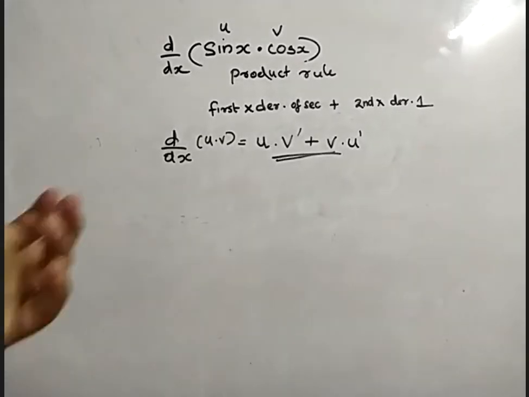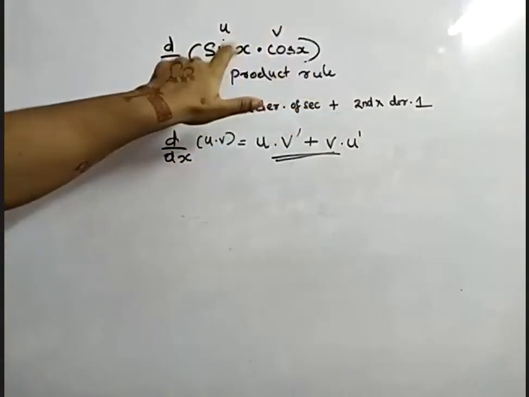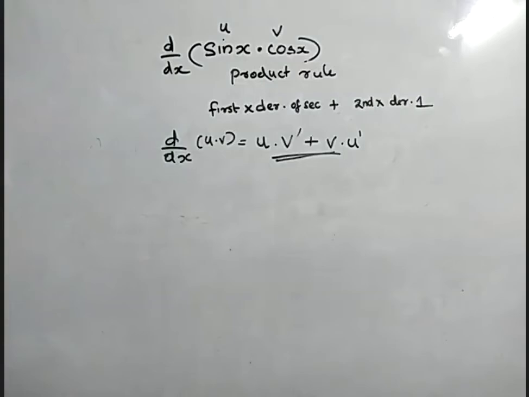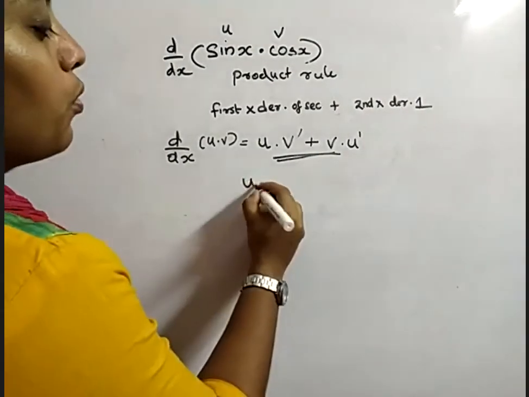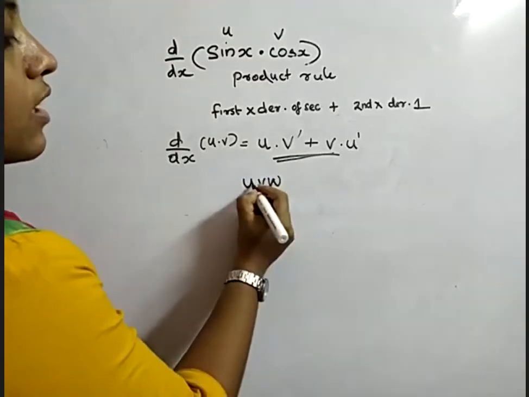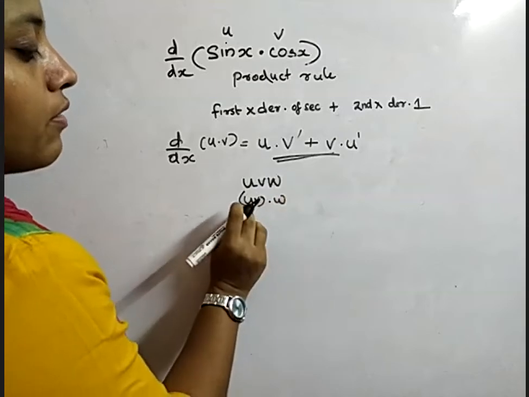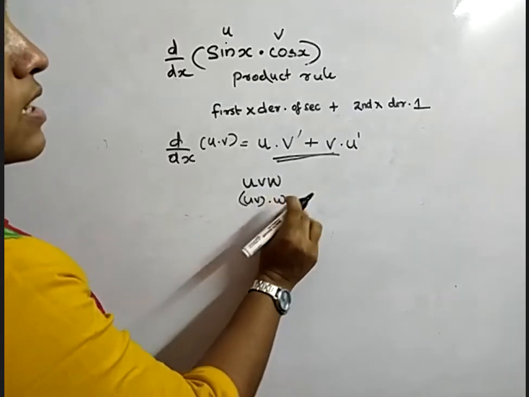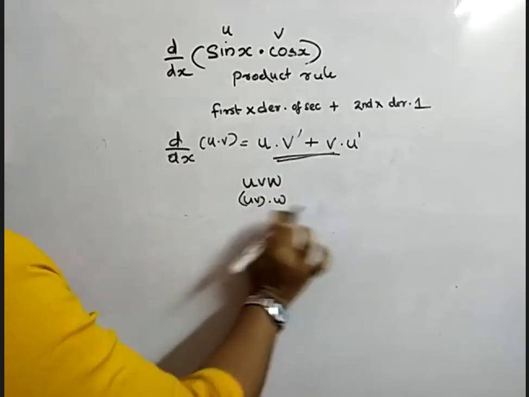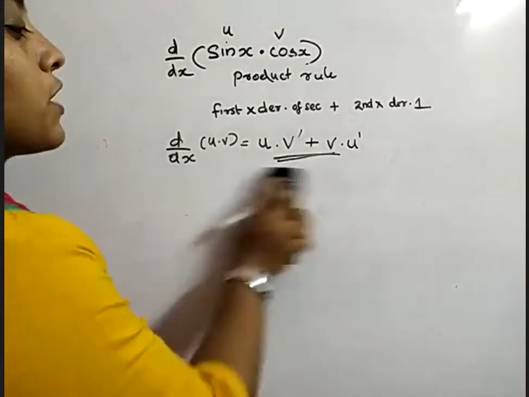Otherwise, you can take two together as one function, then take the derivative of that. Suppose we have u, v, w, three functions. You take this as u v into w, and apply first function into derivative of the second plus second function into derivative of the first here. So this is the product rule.